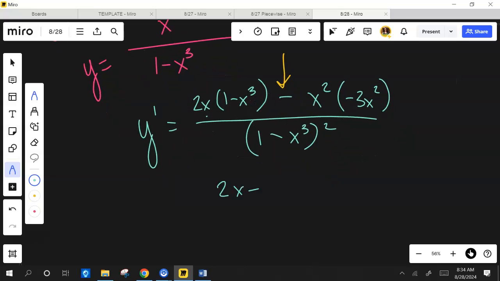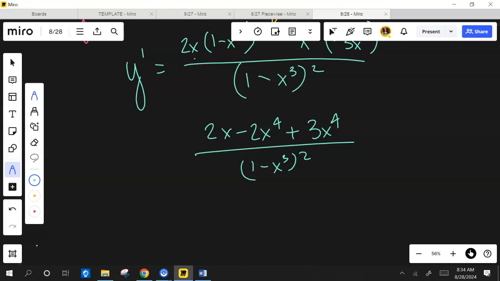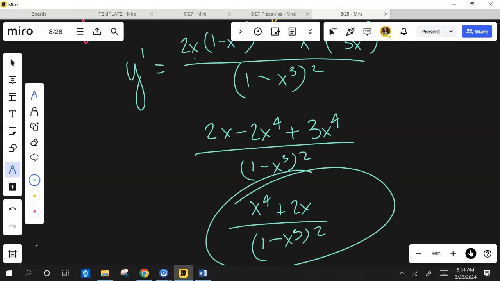So I would have 2x minus 2x to the fourth plus 3x to the fourth over that factored bottom, which gives you what? But there's nothing to factor it with in the bottom, so it doesn't do much good.